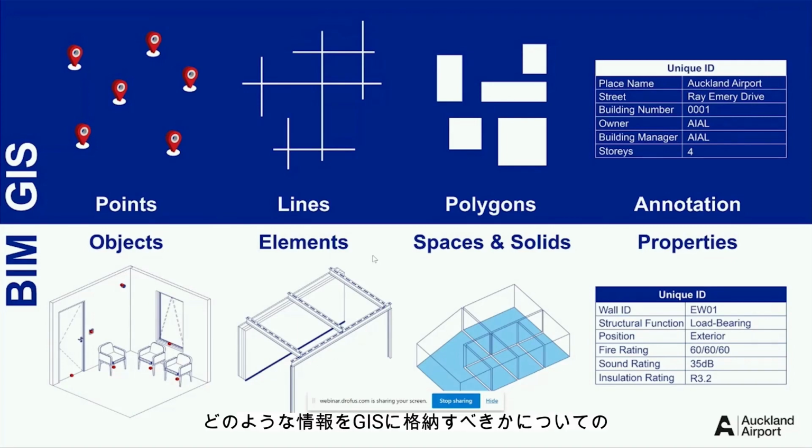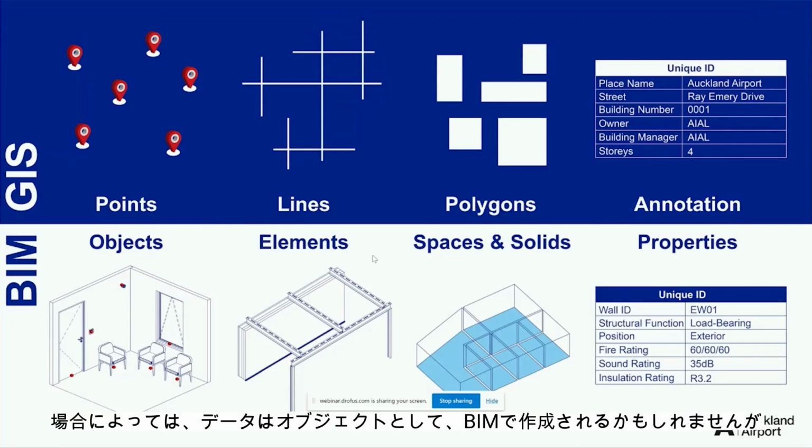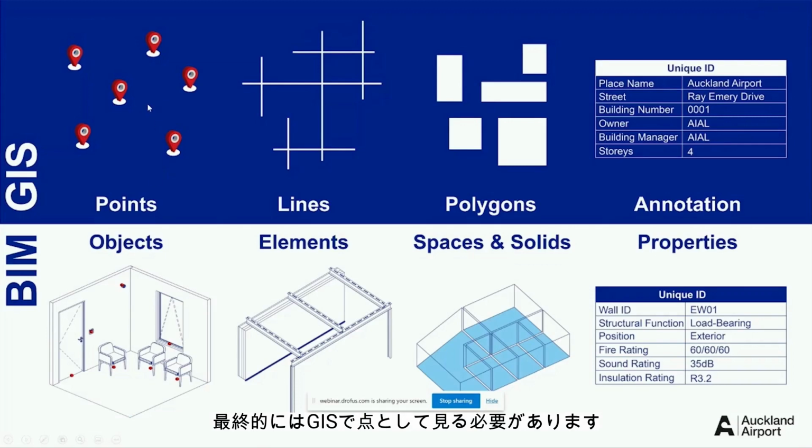And a lot of our discussion is around what information should sit in GIS and what information should sit in BIM. In some cases the data might originate in BIM as an object, but at the end of the day we just need to see it as a point in GIS. So it's really working out the data that's actually needed and working out where it can sit.